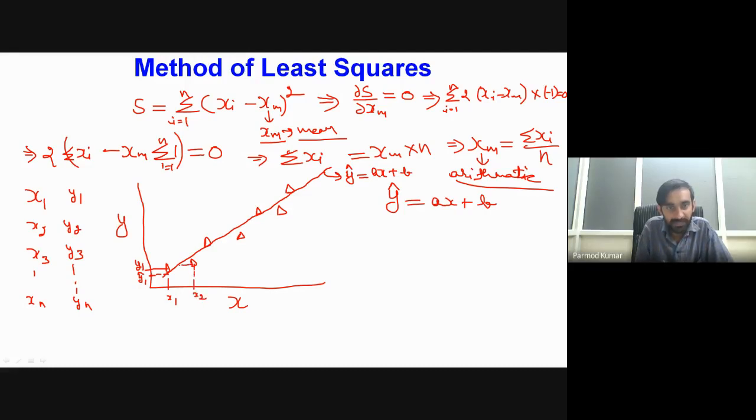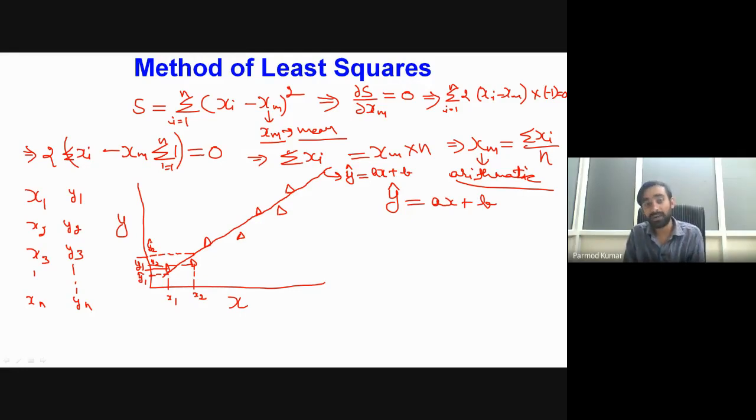We have the value y2, and the value of this point obtained from the curve which we have fitted is our y2 tilde. So you can clearly see over here that while fitting this data using a linear fit, we have a certain difference between the actual value obtained from the experiment and the value we get from this linearly fitted line.